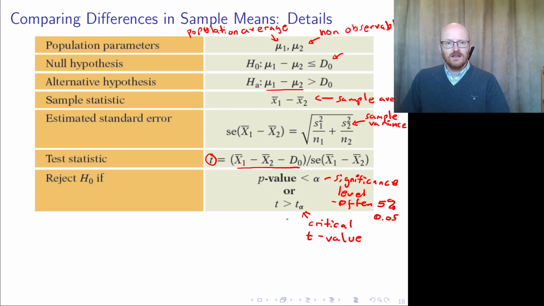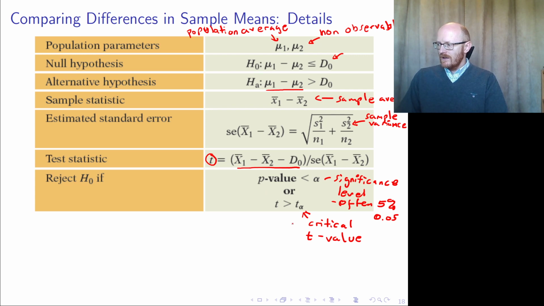Then you reject H0 because the difference in means is so great in standard error units that it's highly unlikely that H0 is true. Okay.